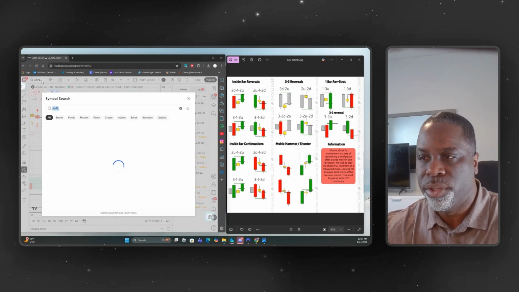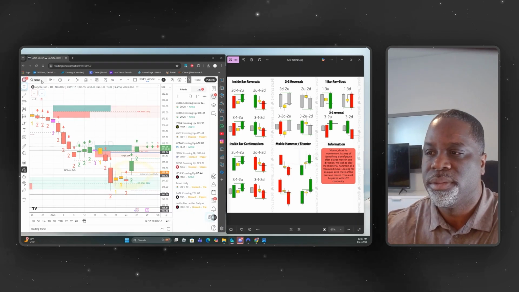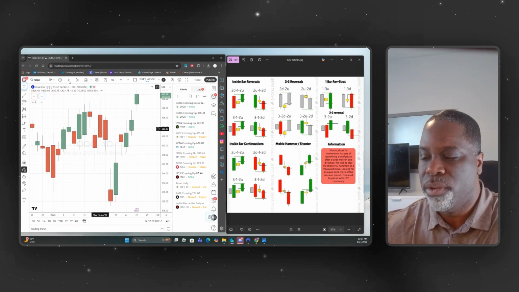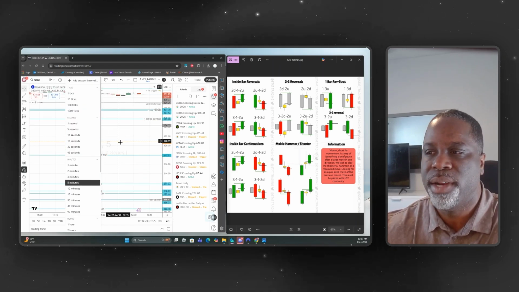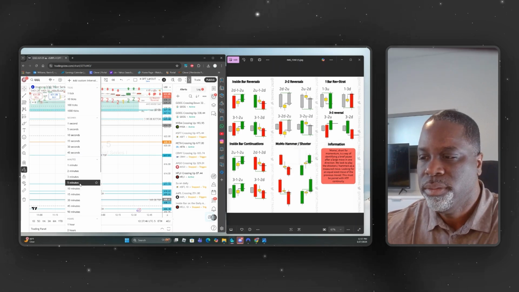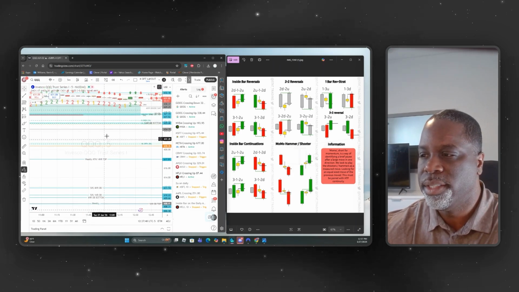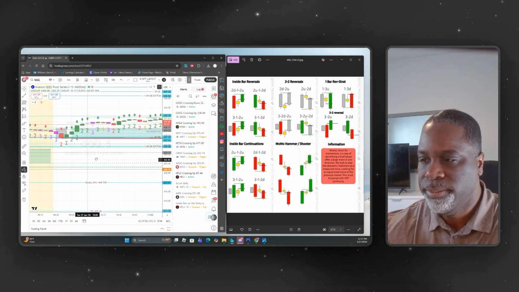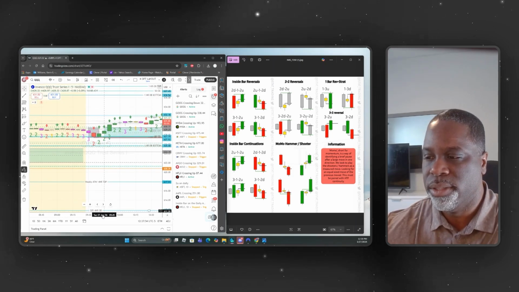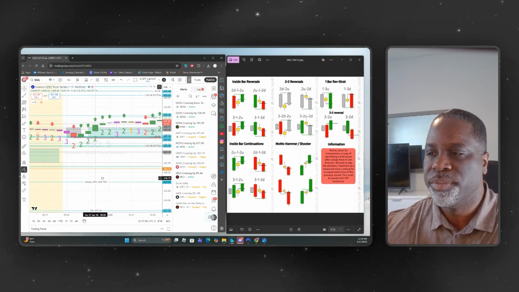Now we're going to go to the QQQ trade that I took. Same principle applies, nothing different. It's a really simple strategy to follow for those who get confused very easily about when and how to take a trade. Here's QQQ.